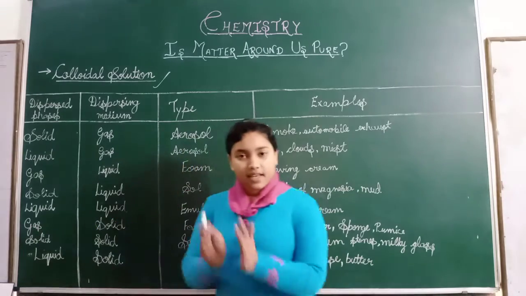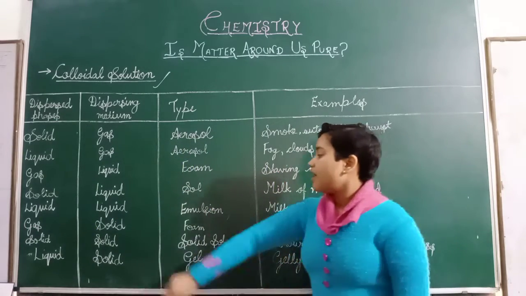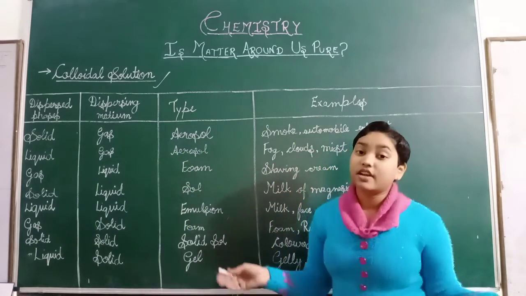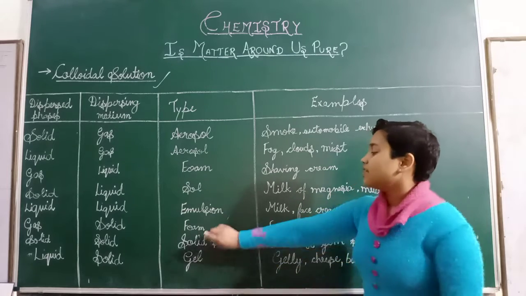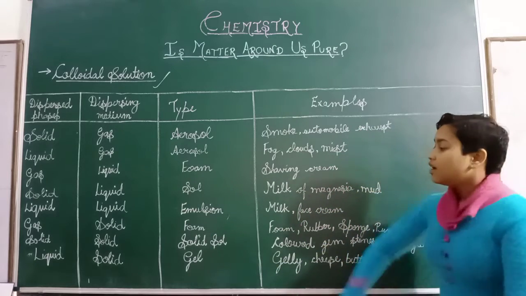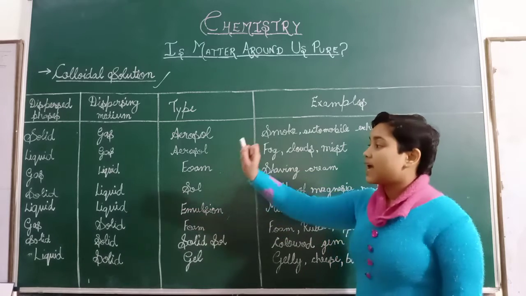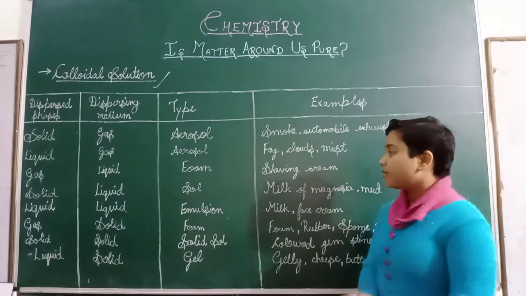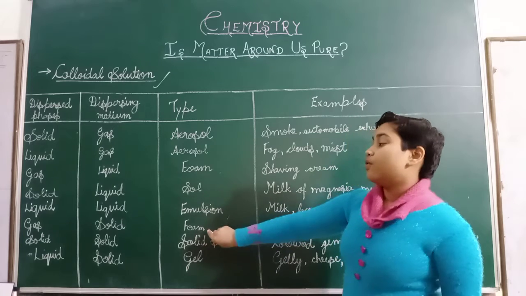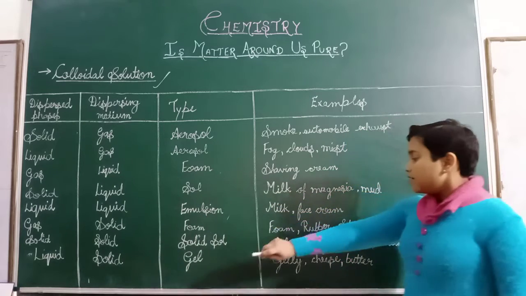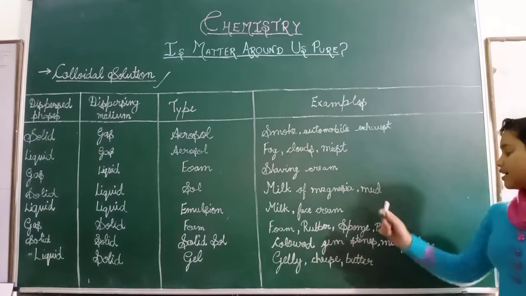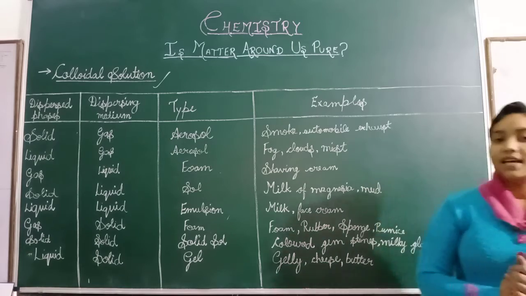When gas is present in less amount and solid in greater amount, what is formed? Foam. The same foam forms when gas is present in less amount and liquid in greater amount. So foam examples are rubber, sponge, pumice.